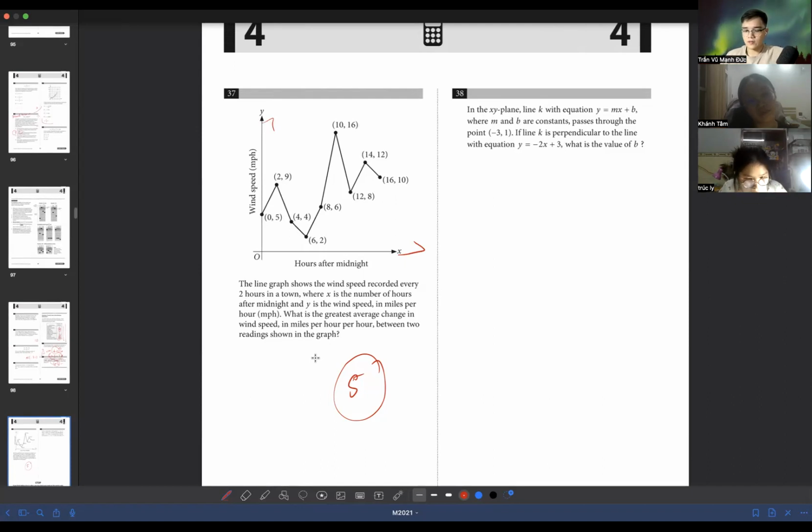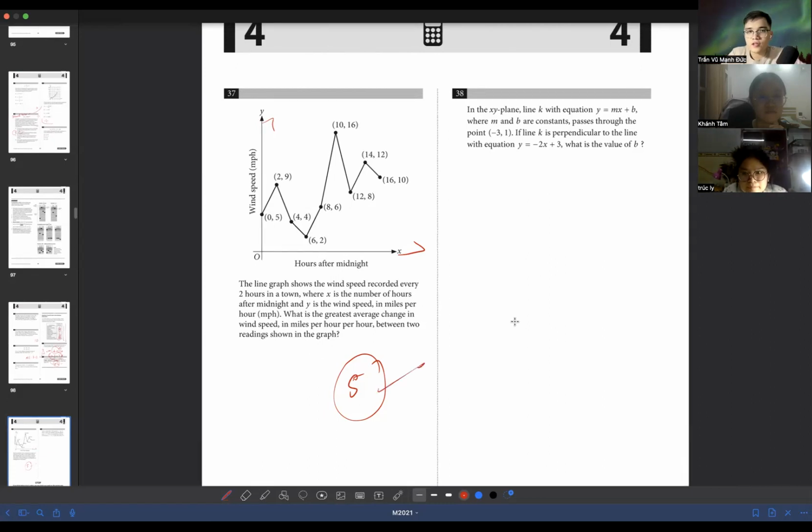Wait a minute, let me verify this because it doesn't have an entry in my document. 0.5. Okay, that's fine. Very good.